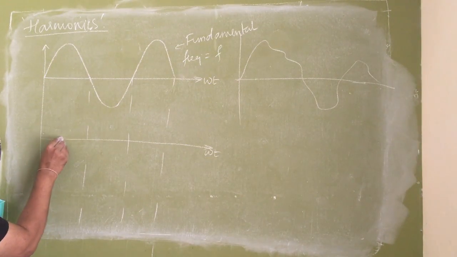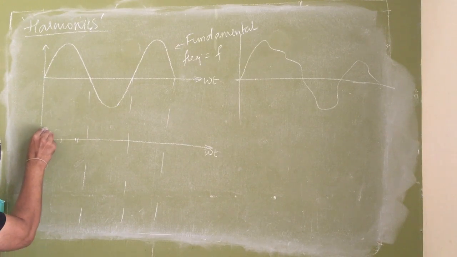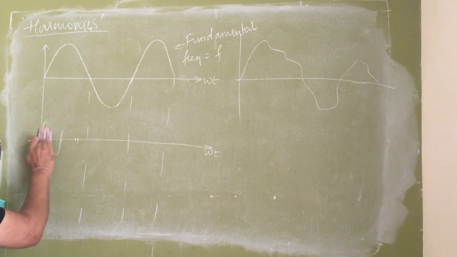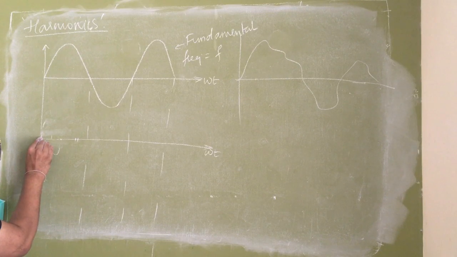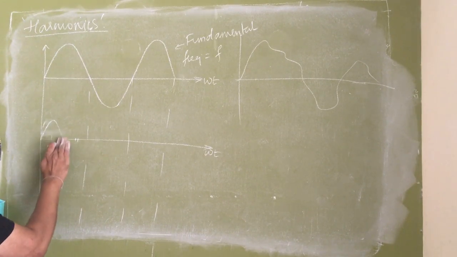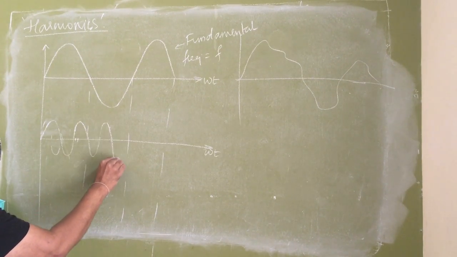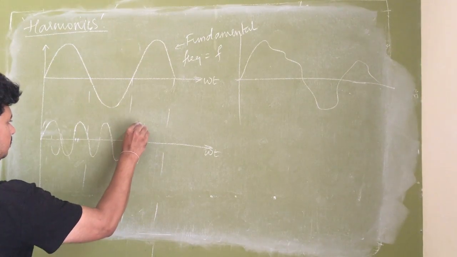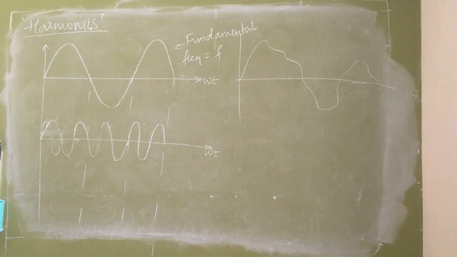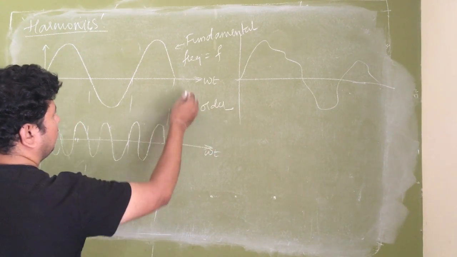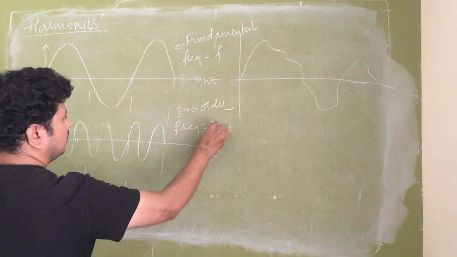So the frequency will be multiplied by 3, but the magnitude will go less and less. This is third order, with frequency equal to 3 into f.